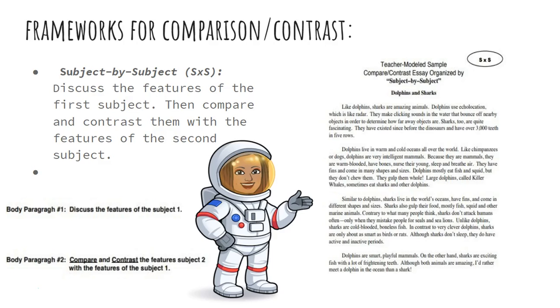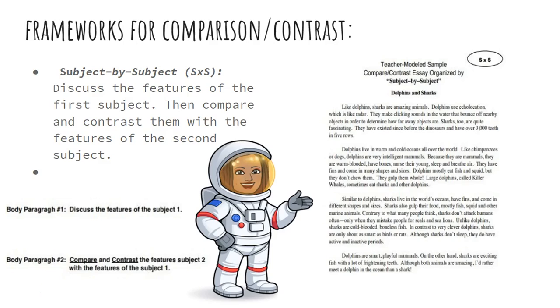Then the next framework is subject by subject. So your body paragraph will discuss the features in the first subject. And then in the second paragraph, you will compare and contrast the features of subject 2 with your features of the first body paragraph.